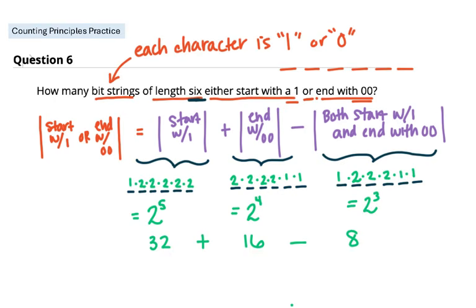So the number of bit strings that start with 1 or end with 00 is 32 plus 16 minus 8, which is 40, I believe.